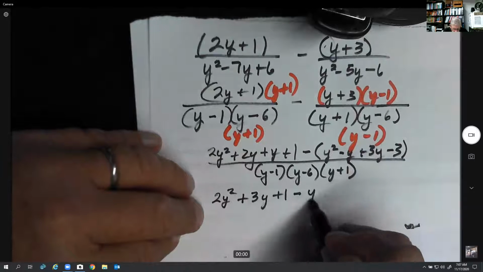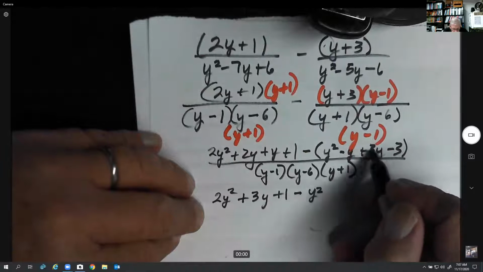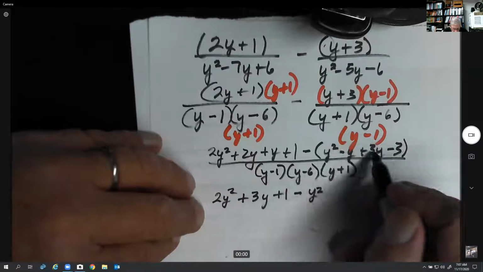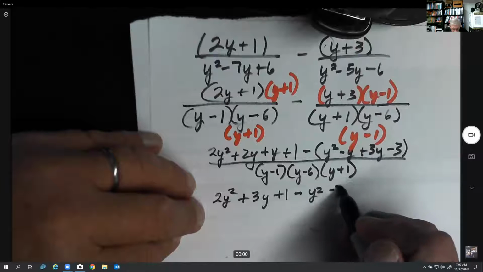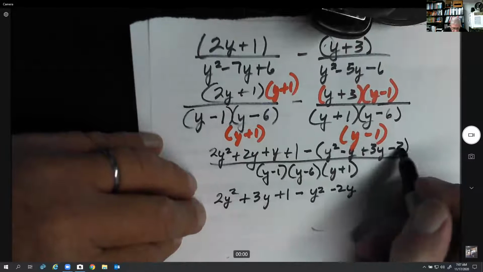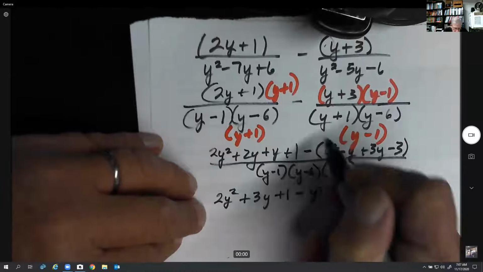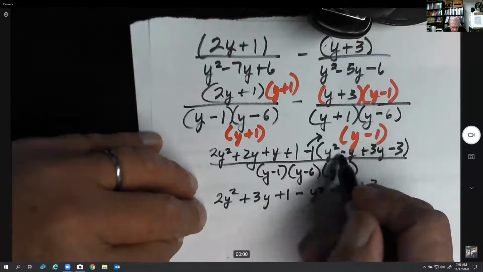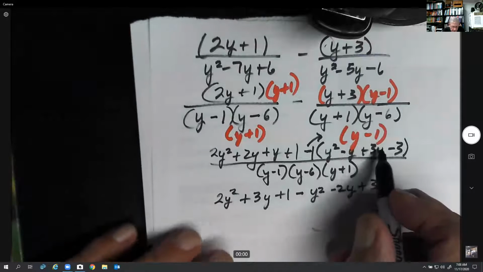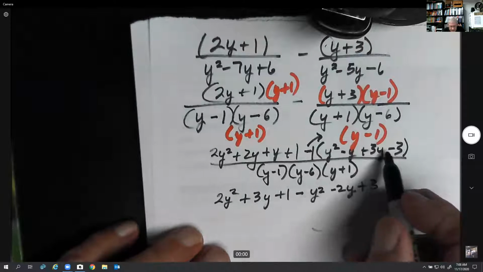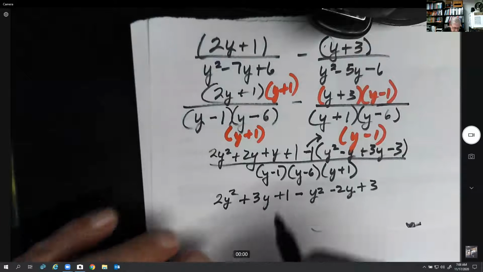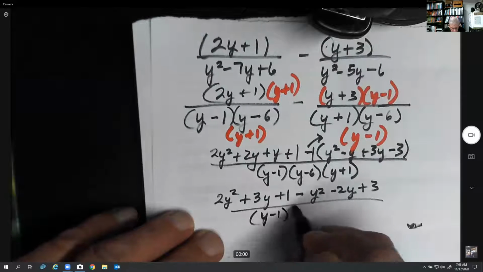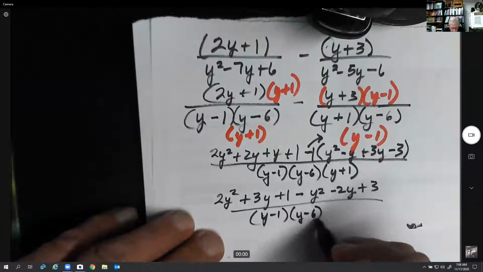This would be y squared. This would be a positive 2y if I put them together, and if I distribute this minus sign, it'd be a minus 2y, and then a plus 3. So I'm distributing this minus sign, a negative 1, to each one of these terms. I combined these together first, and then I distributed it.